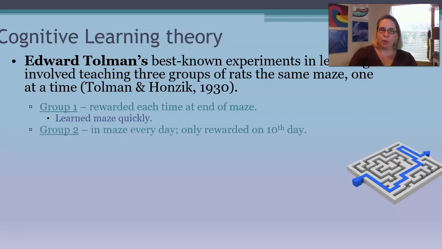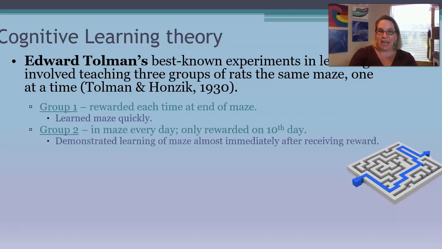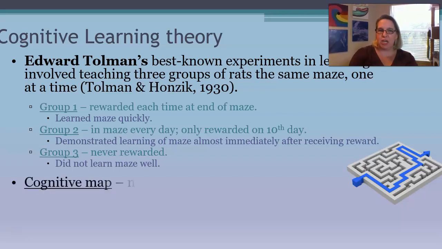The second group is again in the maze every day, but they're only rewarded on the 10th day. So they learned the maze almost immediately on the 10th day after receiving that reward. And then the third group was never rewarded, and they did not learn the maze well at all. So this obviously shows operant conditioning in the flesh, an actual happening.